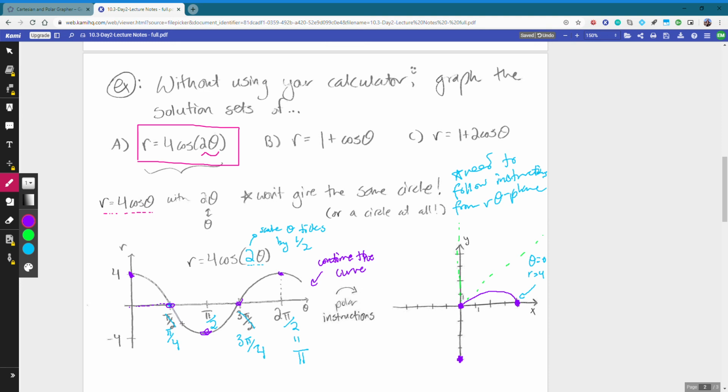R is steadily decreasing, getting more and more negative down to negative 4. And so here, as we increase our angle from pi over 4 to pi over 2, we're coming out more and more negatively, coming up more and more negatively as we come that direction. It's going to move us like this.